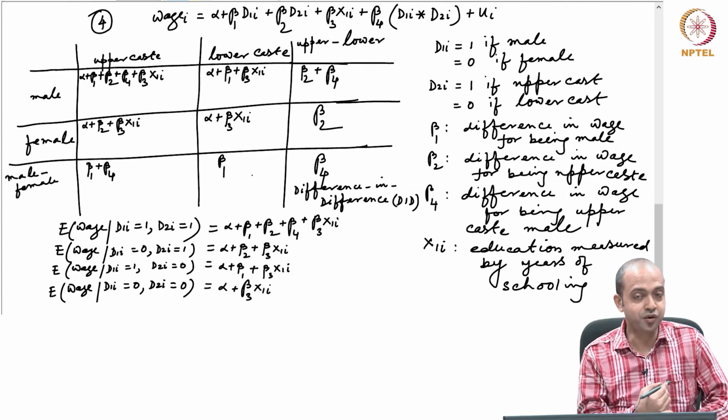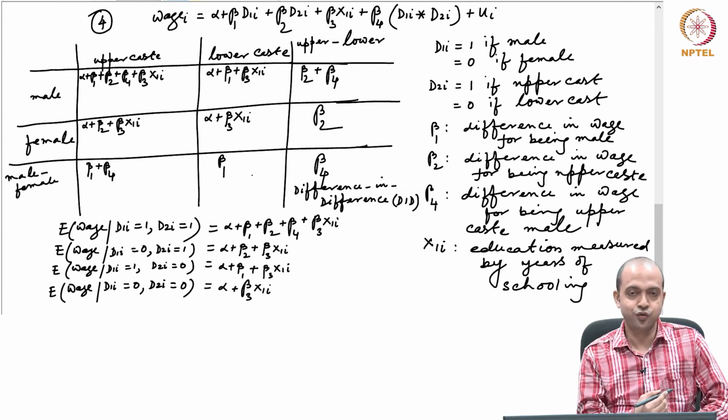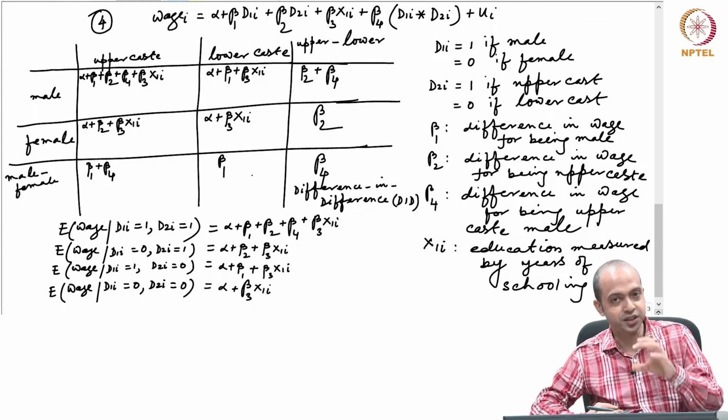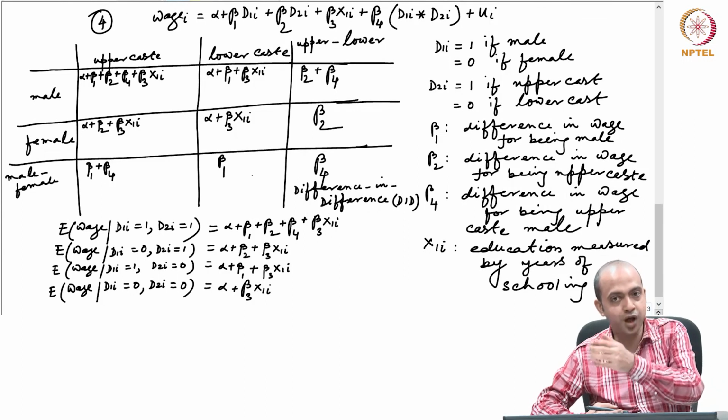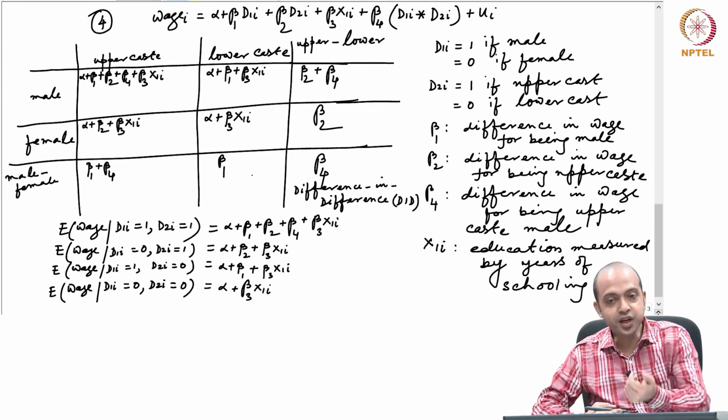So, I am trying to understand the difference in gender gap. We are hypothesizing that the gender gap for the upper caste is quite different from the gender gap for the lower caste. Okay? That is one interpretation. And what is the second interpretation?